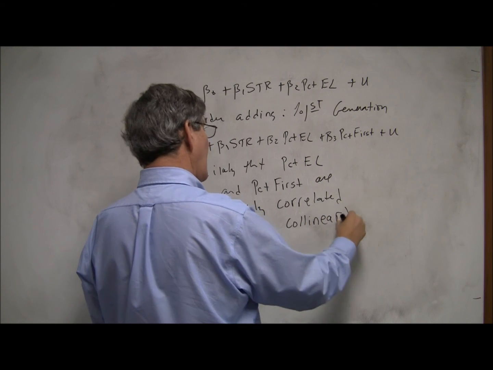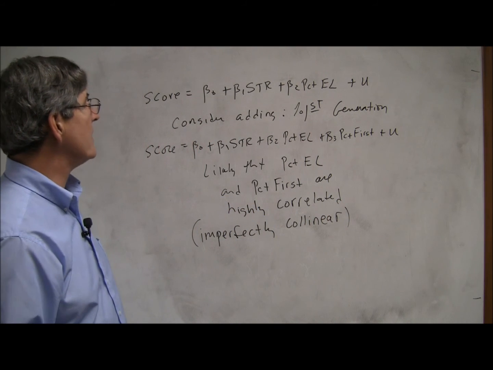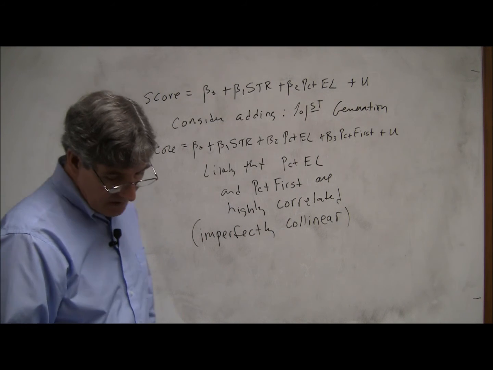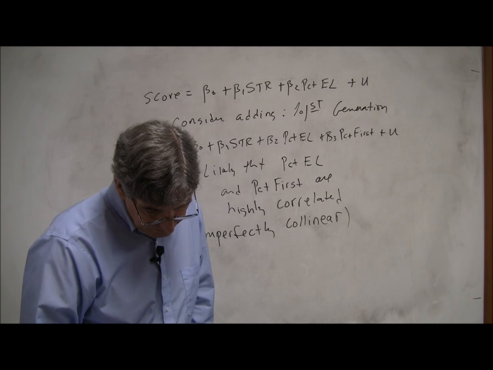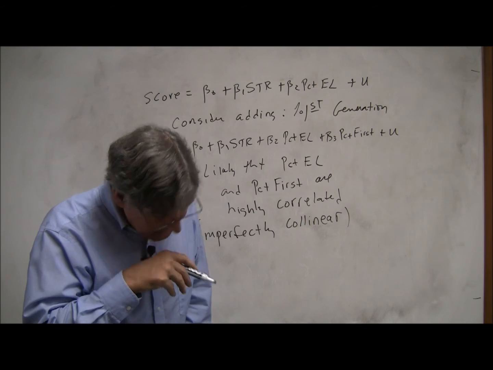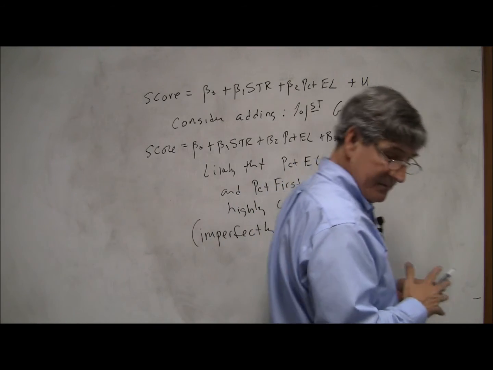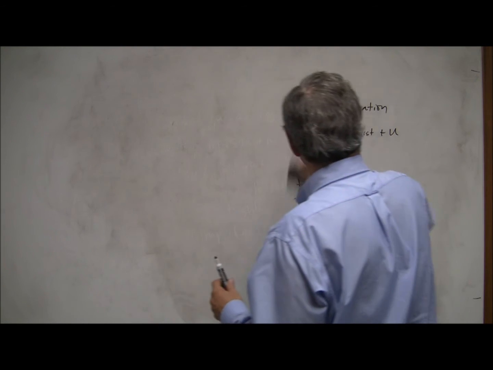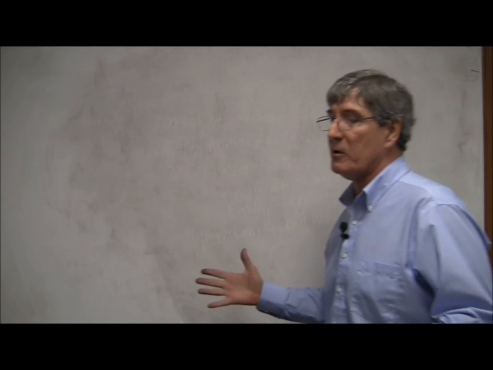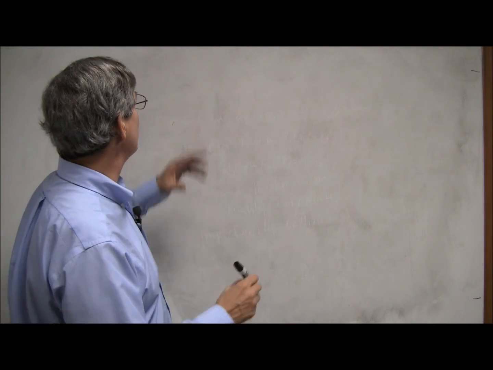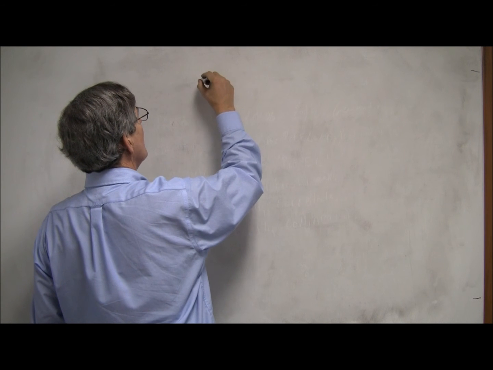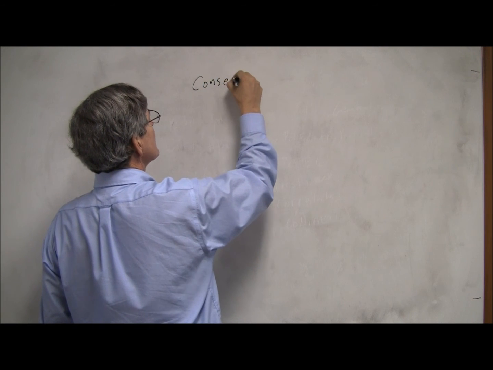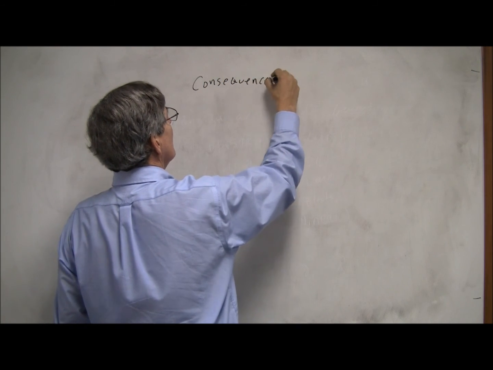And this will happen a lot in models. What are the consequences of this? The consequence of perfect multicollinearity is you can't even estimate the model. You've got to throw one out. Now we've got imperfect multicollinearity. What are the consequences of that?